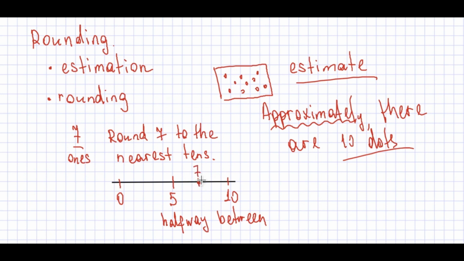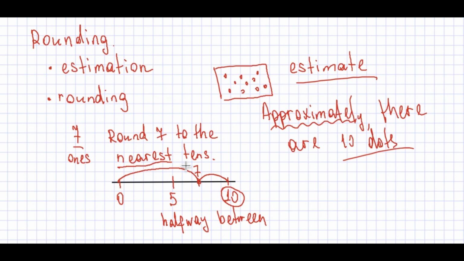Okay, so we see the distance from 7 to 10 and the distance from 7 to 0. Let us see which distance is shorter. Okay, the distance from 7 to 10 is shorter. So 7 is closer to 10. 7 is nearer to 10 than 0.